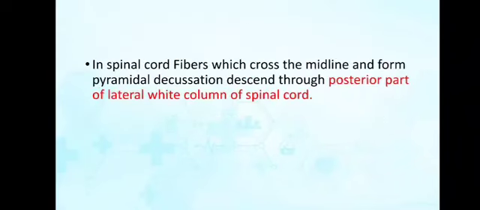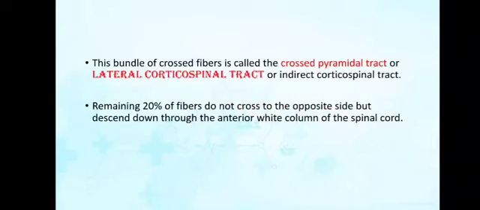After the pyramidal decussation, the crossed fibers descend through the posterior part of the lateral white column of the spinal cord. This bundle of crossed fibers is known as the crossed pyramidal tract or lateral corticospinal tract or indirect corticospinal tract.